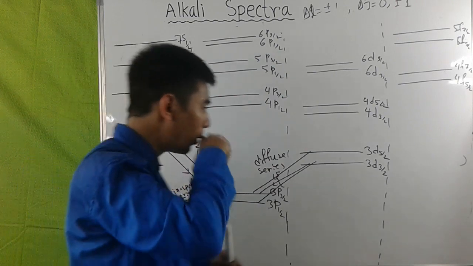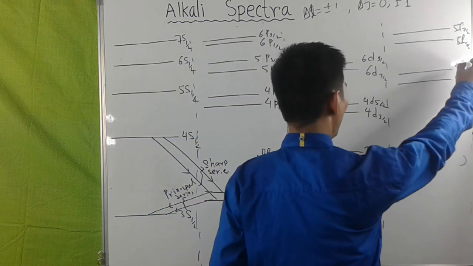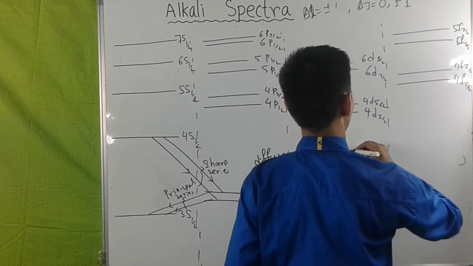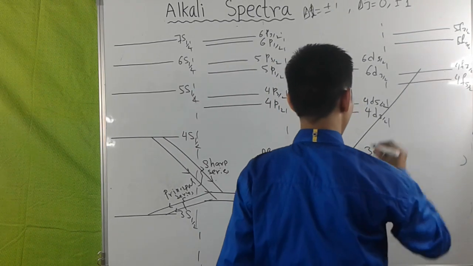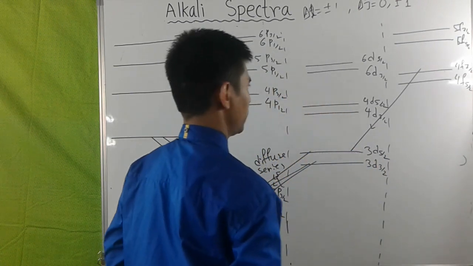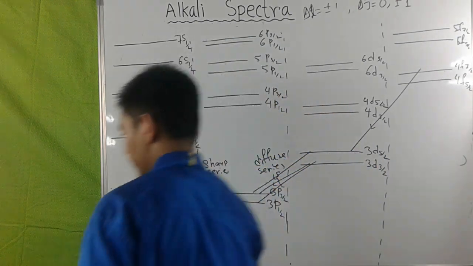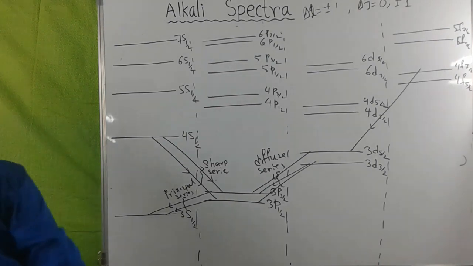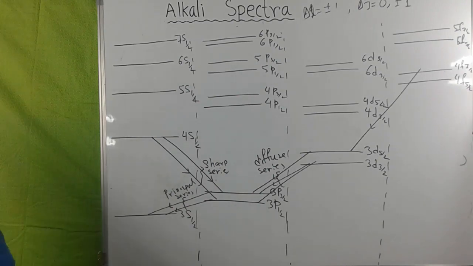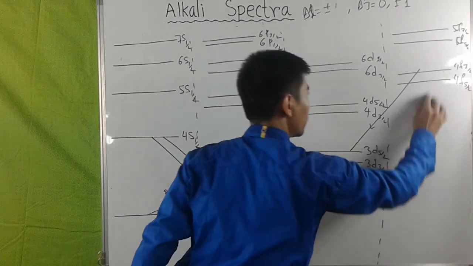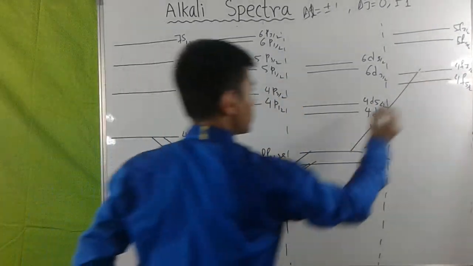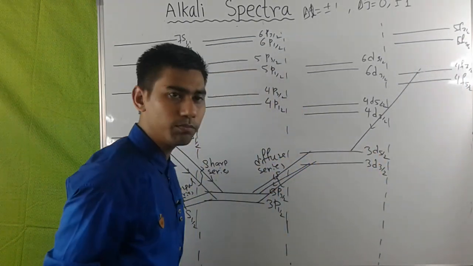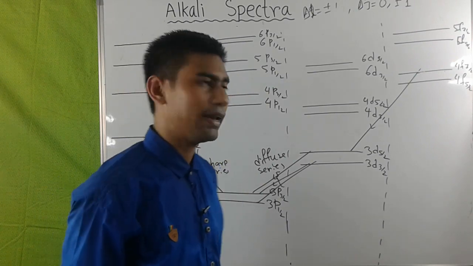Okay, now the transition from the 4f 7/2 level to the 3d 5/2 level gives rise to a spectral line.